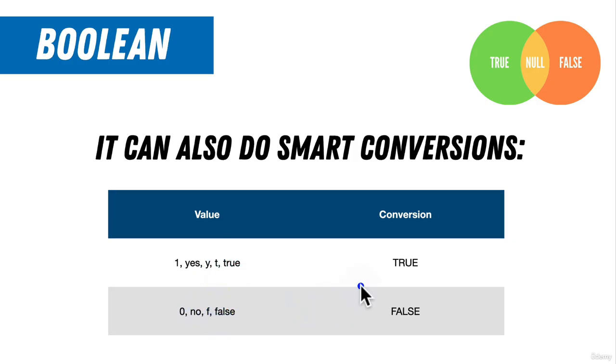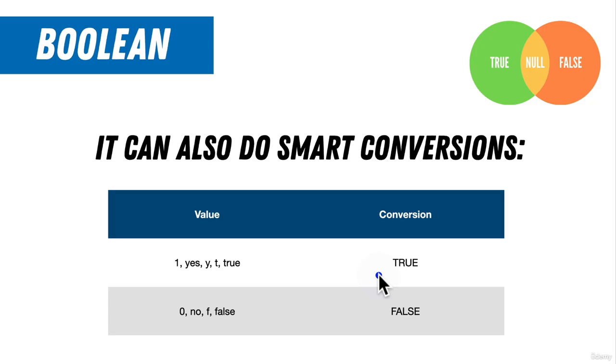And what Postgres is going to do behind the scenes is it's going to understand that this value maps to a certain conversion, and that is going to be true. And then when you request the data, it will return back the original value to you. So Boolean fields are smarter than just true or false. Postgres has gone ahead and made these smarter values.